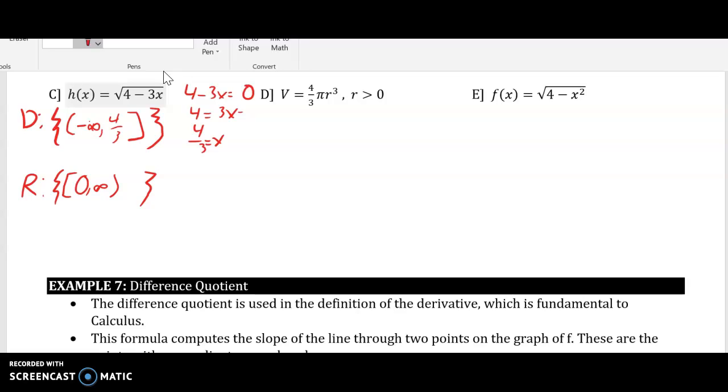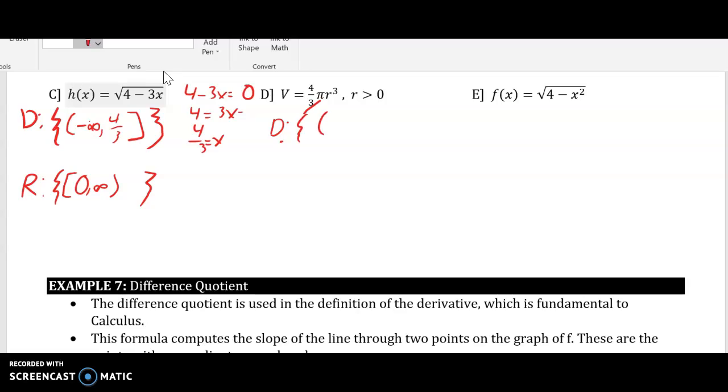For this one, they're kind of telling us our domain. They've restricted it for us. If they cover this up, if I had a way to just blank this out, then our domain would be all real numbers. But they're telling us our domain has to be greater than 0. Why is that? Because a radius can't be negative. So my domain, here we go.